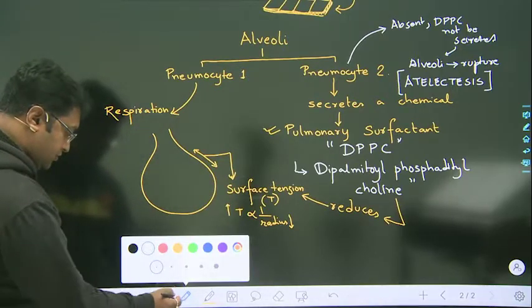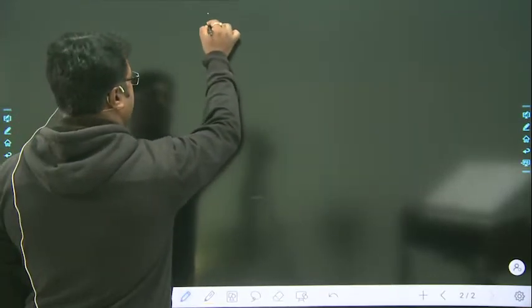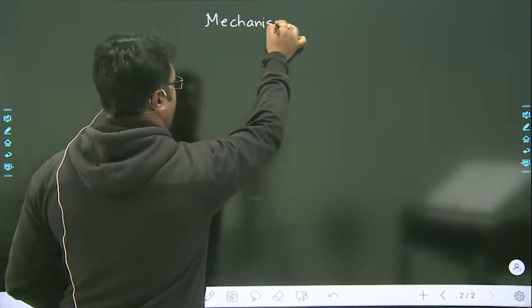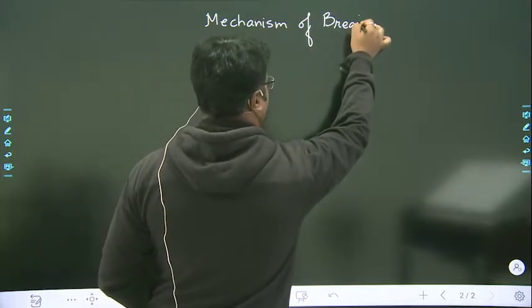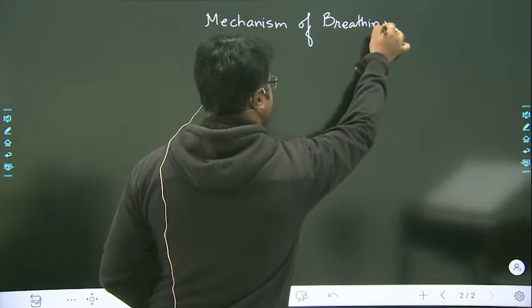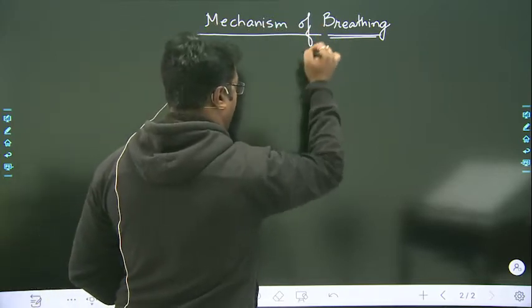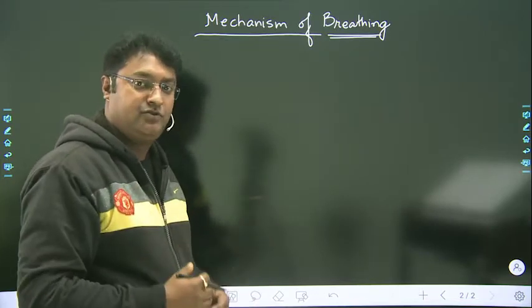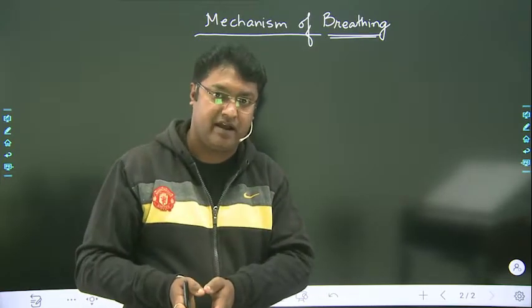Now we will be moving into the next topic, that is the mechanism of breathing. We know that breathing is also known as external respiration, and this happens between the atmospheric air and your internal respiratory tract.